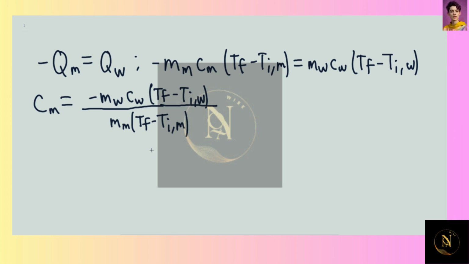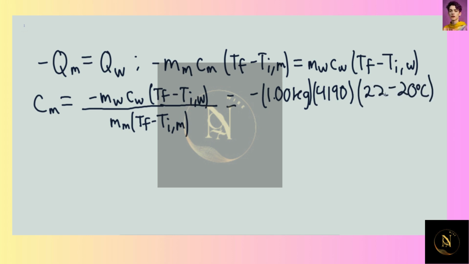So we can say that this is going to be equal to negative 1 kilogram of water times 4,190 joules per kilogram per Kelvin for the specific heat capacity of water, times 22 minus 20 degrees Celsius.